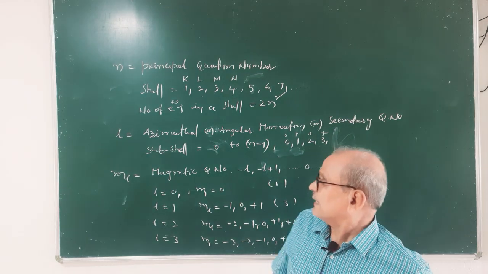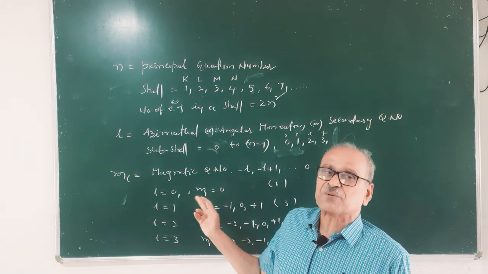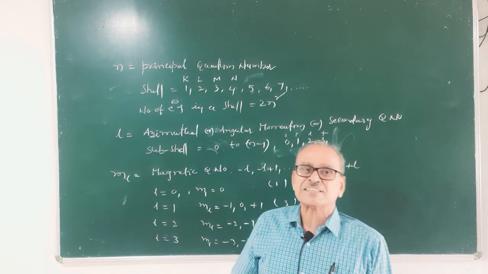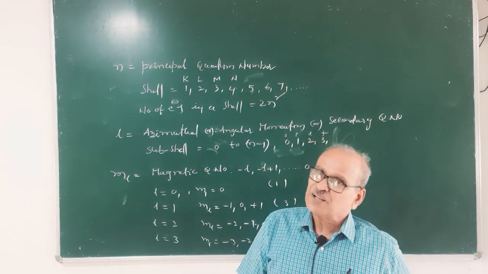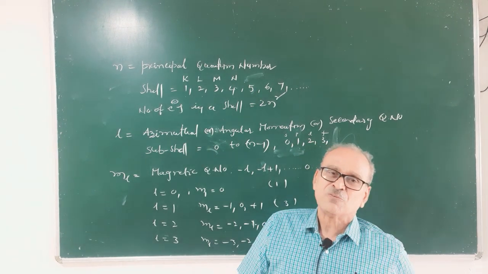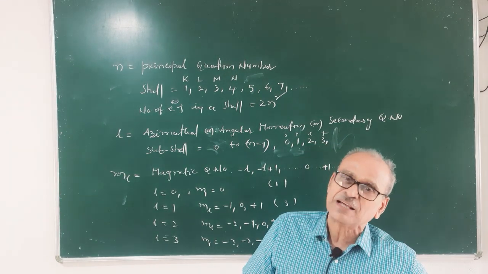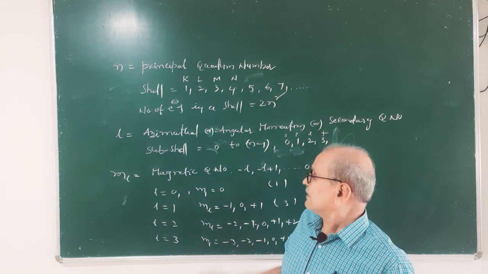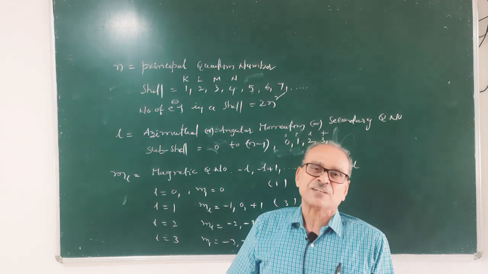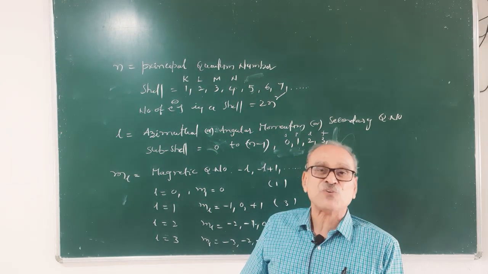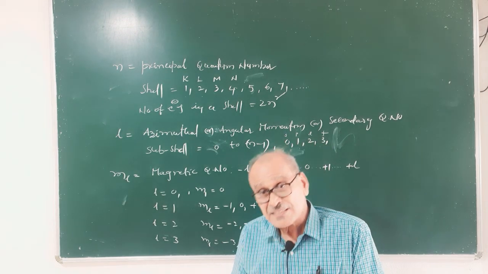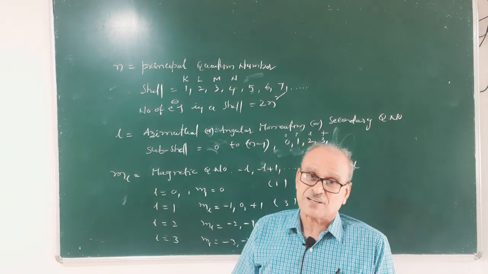Now l equal to 1 means p orbital. We have 3 orientations of p orbitals inside a magnetic field. So starting with n equal to 2 major level, we have a set of 3 p orbitals. Similarly, starting with n equal to 3, we have a set of 5 d orbitals. Starting with principal quantum number 4, we have a set of 7 f orbitals.